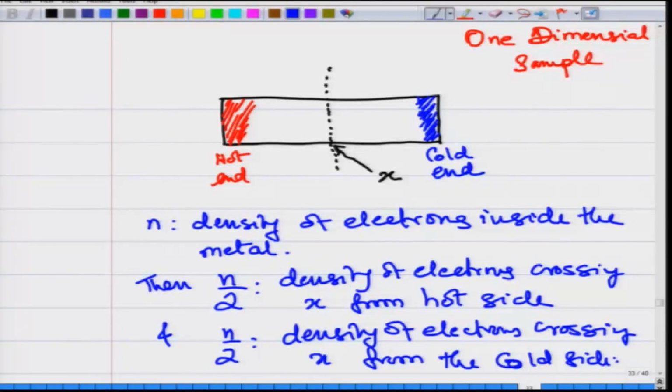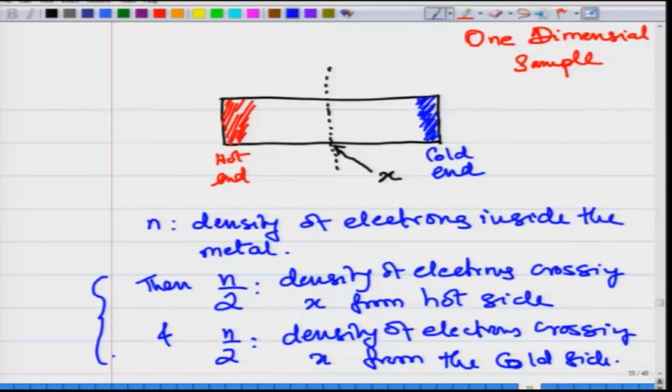So, you have n by 2 electrons, the equal density of electrons, which are coming from the hot end as well as coming from the cold end. So, one set of electrons have higher energy, the other set of electrons have lower energy, but there is the same density of electrons which are crossing the point x.